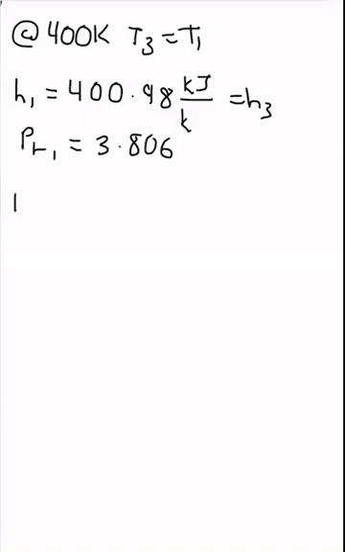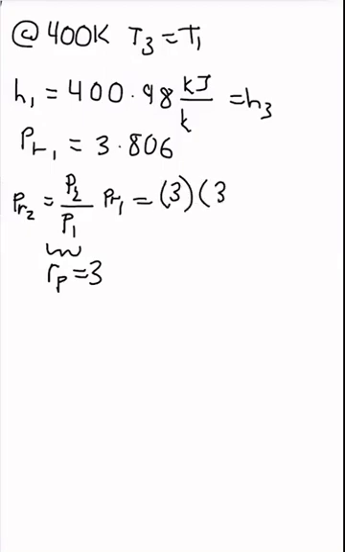Now using our pressure equation, we can find PR2 from P2 over P1 times our PR1, which we just found from the table. And the P2 over P1, like I said in the beginning, is our pressure ratio, so it's RP, and that's 3. So we're going to say 3 times 3.806, which gives us 11.418 as our PR2.